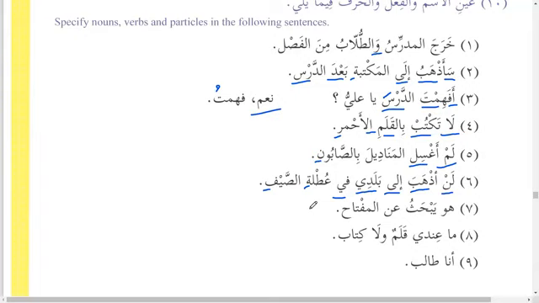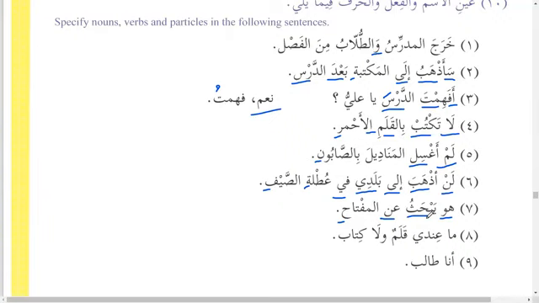هو يبحث عن المفتاح. هو ism, اسم الضمير. يبحث فعل مضارع. عن حرف جر and also ظرف. عن المفتاح اسم.